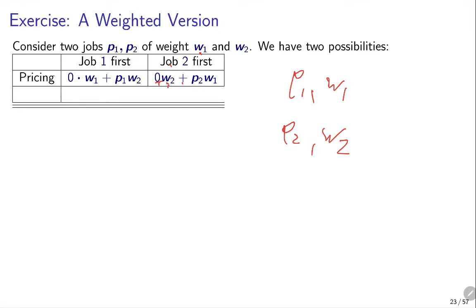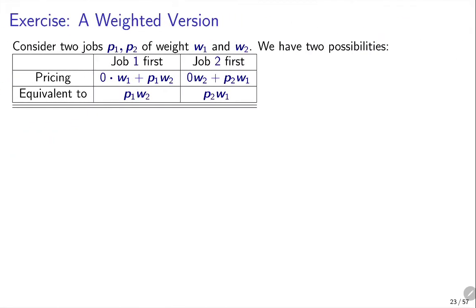And the first job has to wait the processing time of the second job. So we get this. So those are the two prices, and of course we are trying to minimize the price.